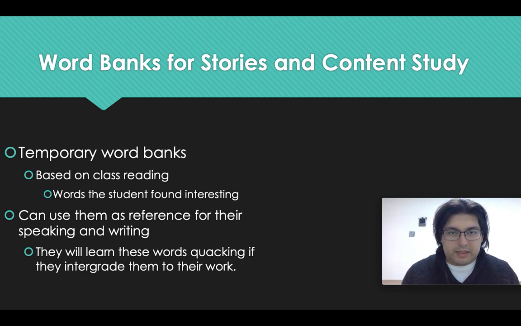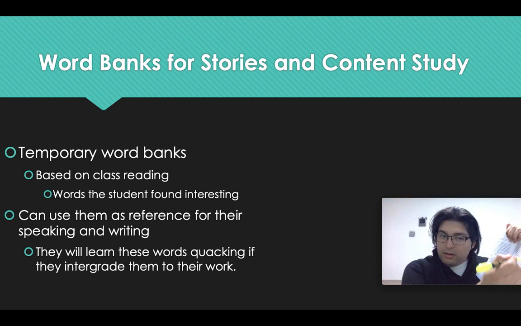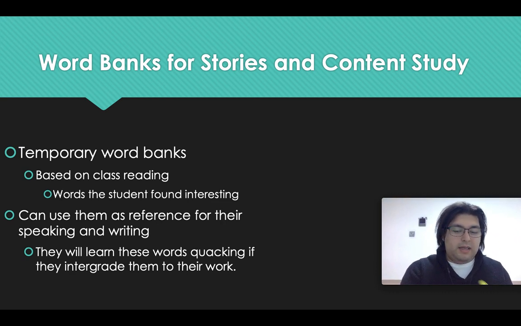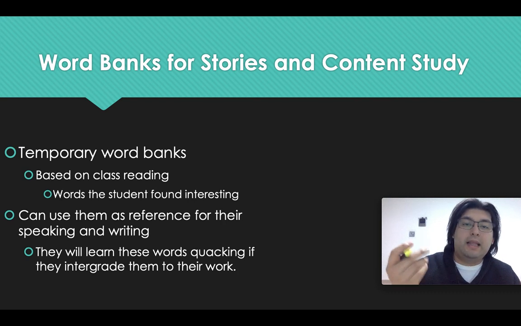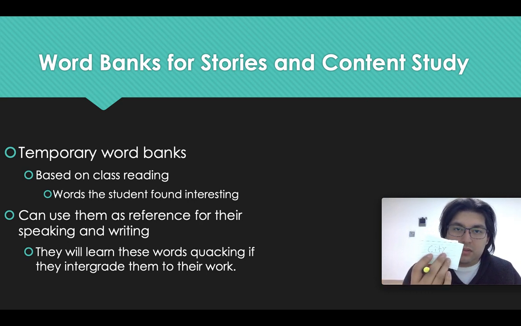Once you finish reading the story, you can have the students grab their highlighters and go into the book and highlight all the words that we don't know, or highlight 12 to 24 words, I think that's the number given in the book, that are unknown, and we can write them into temporary word banks.